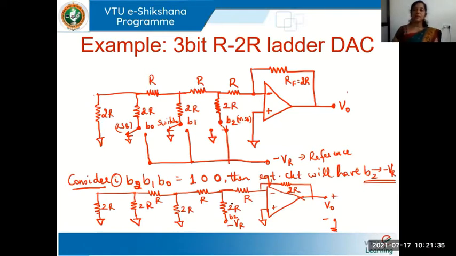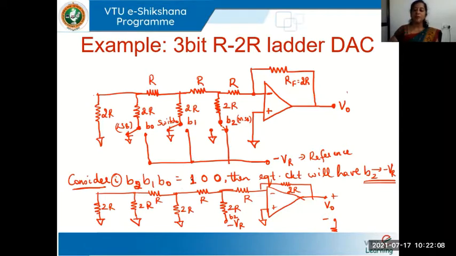Is that clear? So I have to now simplify this circuit using the network analysis principles we know, and try to find the value of the output voltage. Any doubts so far? We are trying to simplify this circuit, considering the digital input to be 100, which is almost half of the maximum, right?